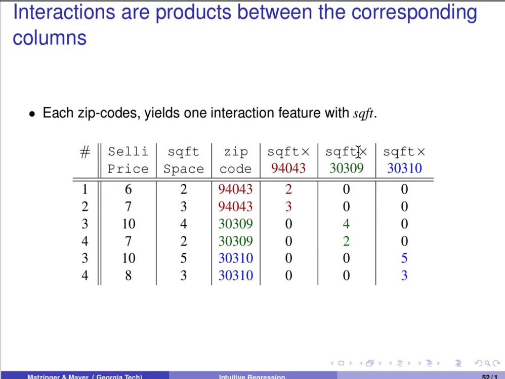Here, the square foot interaction vector with 30309: simply take the zip code vector, which was 0 0 1 1 0 0, multiply with the square feet, that is, we get 0 0 4 2 because we have 4 2 here, 0 0. And finally the interaction vector for the zip code 30310 with the square feet vector: square feet 5 and 3, 5 and 3, and otherwise everywhere 0.